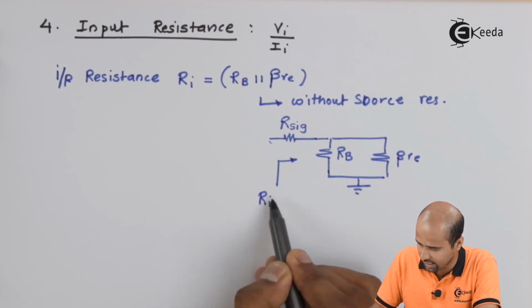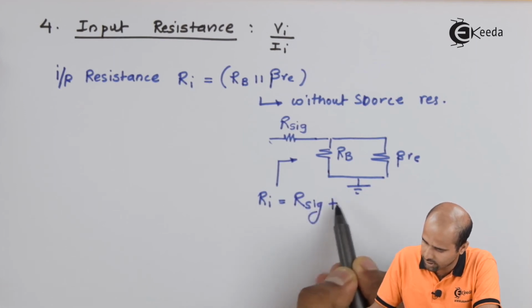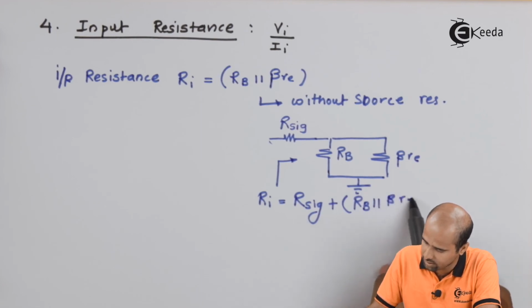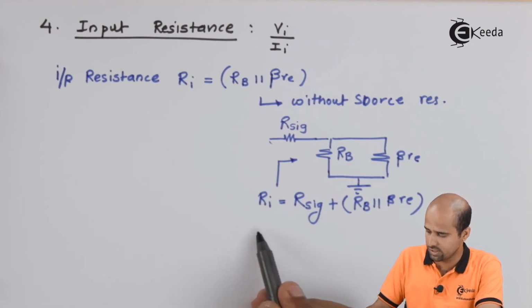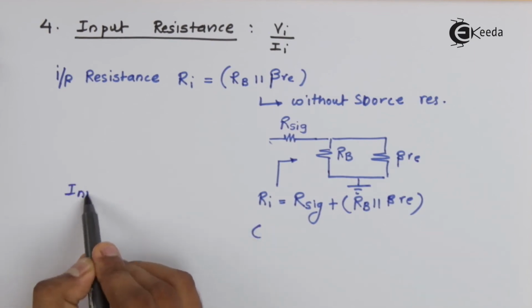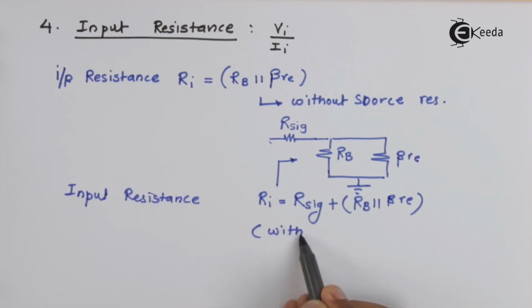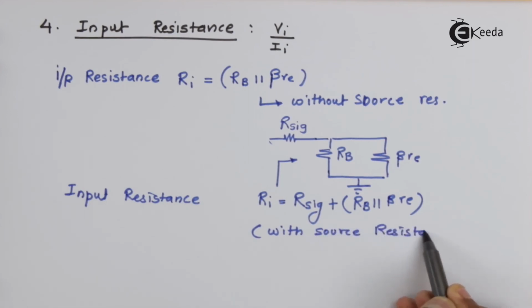We can say that Ri is equal to R signal plus the parallel combination of Rb and beta re, right? This is your input resistance with source.